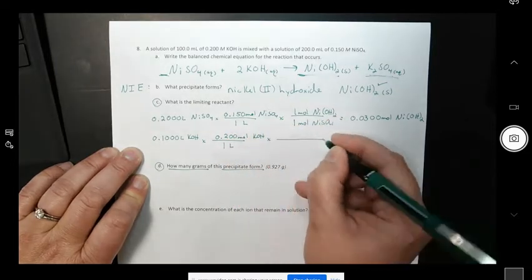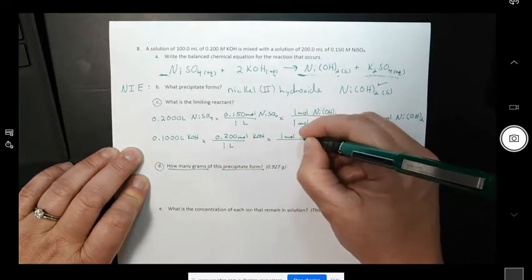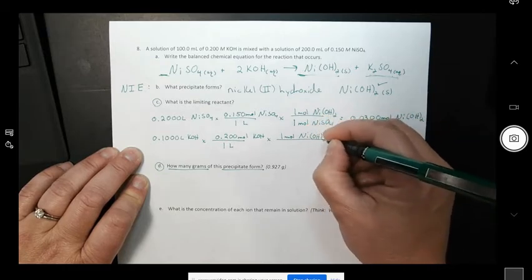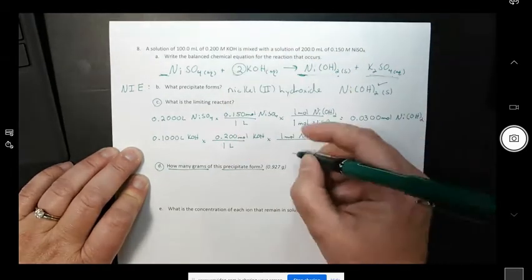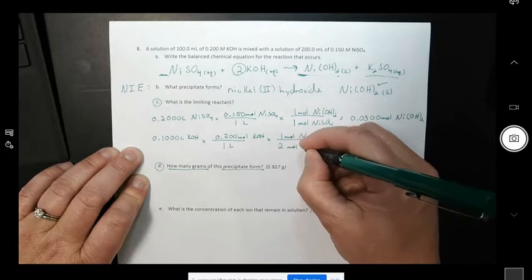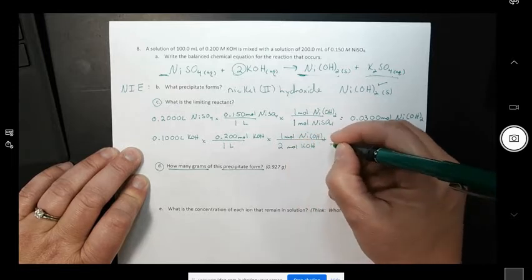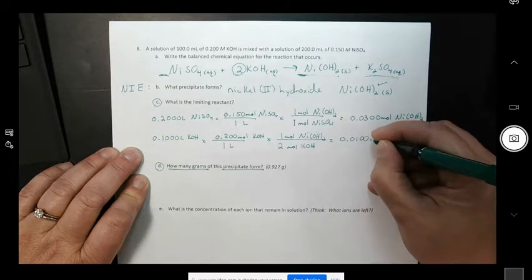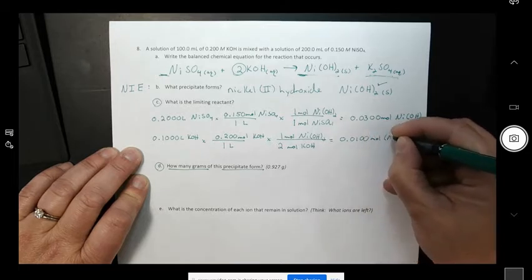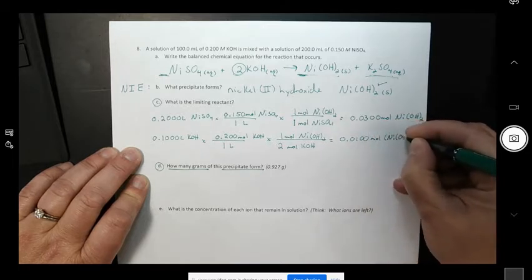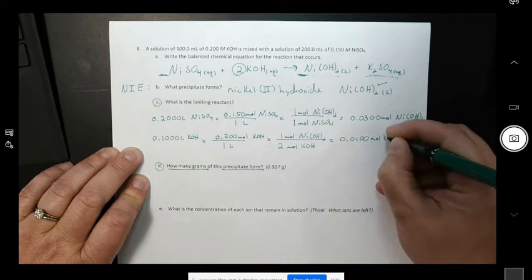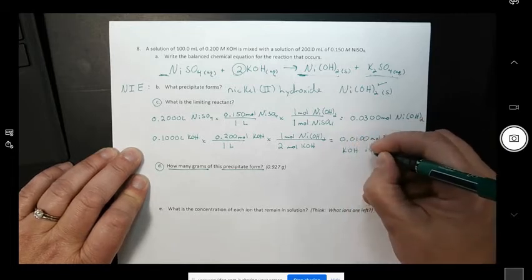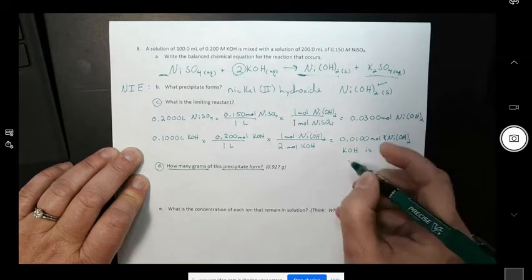We also know that 1 mole of nickel 2 hydroxide will be produced for every 2 moles of KOH. That's probably the difference here, because this gives us a little bit less: 0.0100 mole of nickel 2 hydroxide, Ni(OH)2. Need to put that extra parenthesis in there. So that means potassium hydroxide is our limiting reactant.